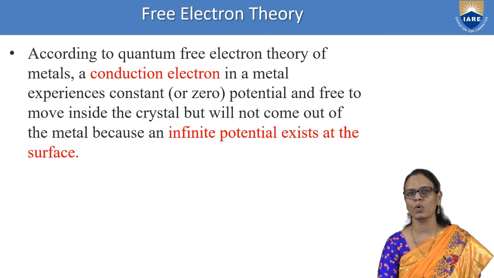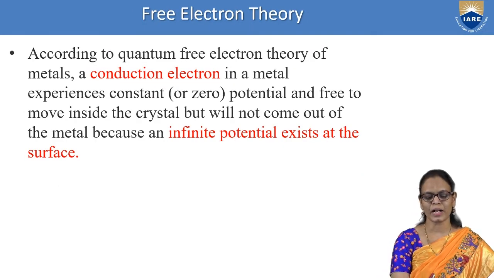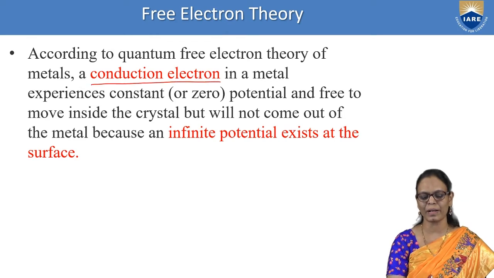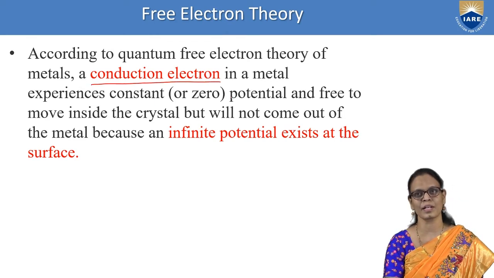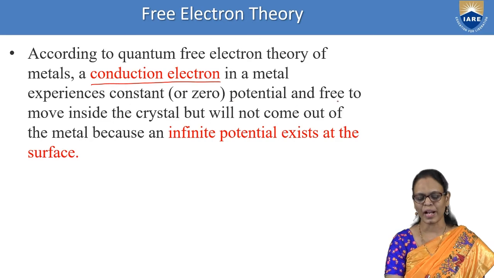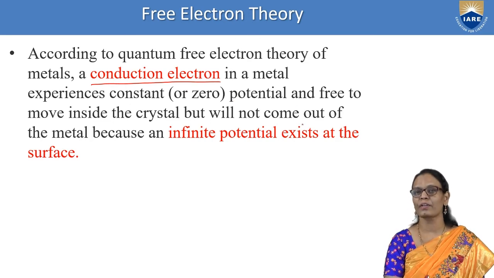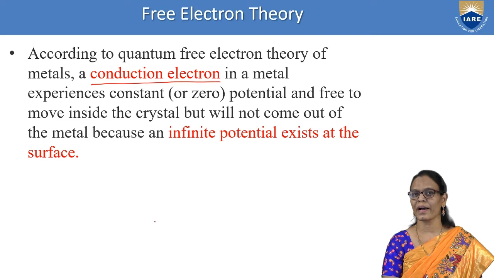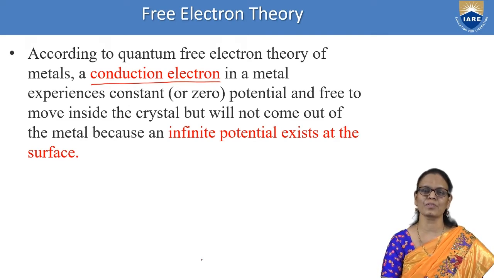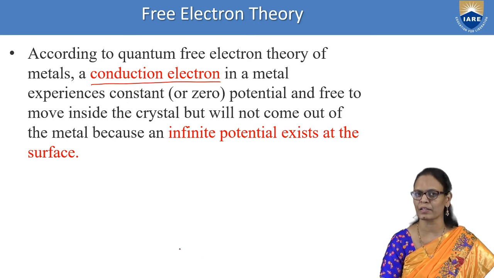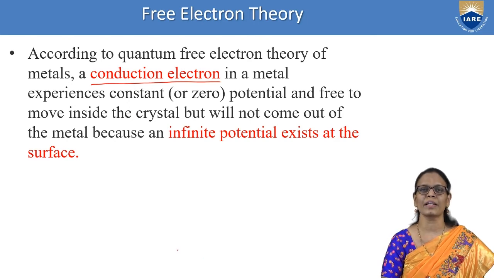Now, according to the quantum free electron theory, a conduction electron in a metal experiences constant or zero potential and is free to move inside the crystal. But it will not come out of the metal because an infinite potential exists at the surface. Now they will have to answer why all electrons are not participating in the process of electrical or thermal conduction.